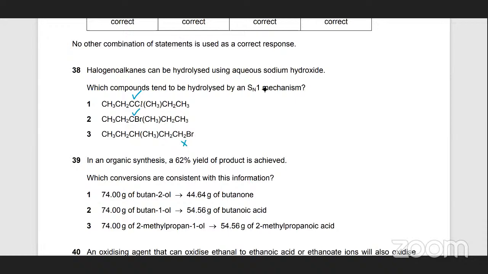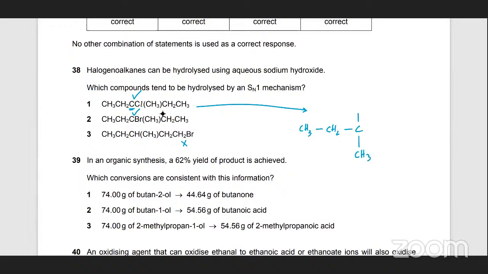So I'm just going to look at this carbon atom, and this one is a tertiary halogenoalkane. Look at the carbon that has a tick mark on it. On one side there is a CH2 and a CH3. It has a CH3 in a bracket, that means it's a branch.